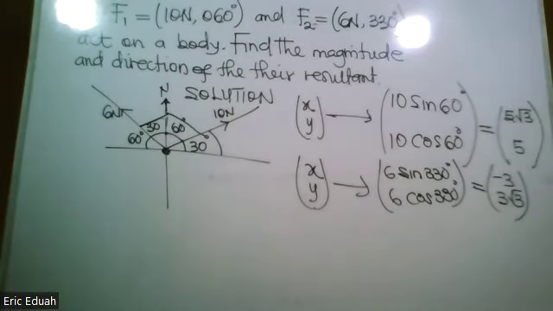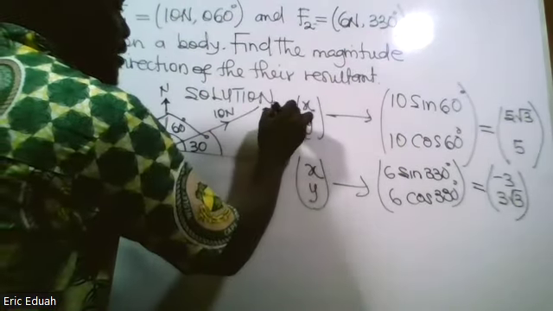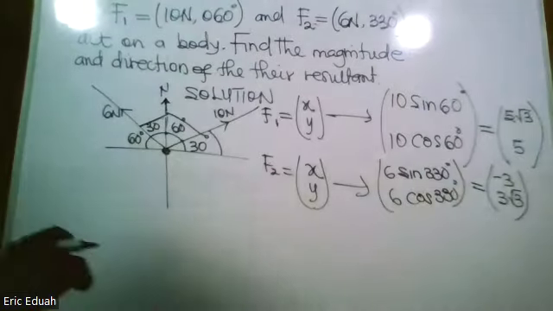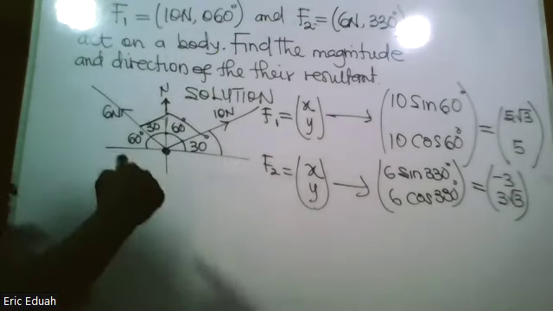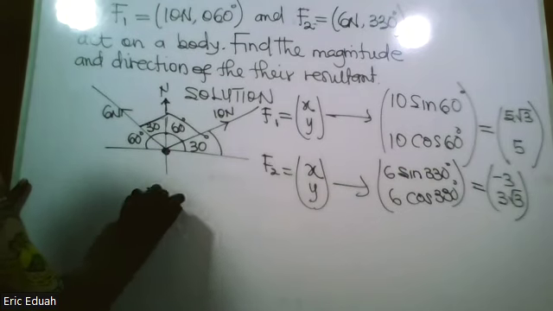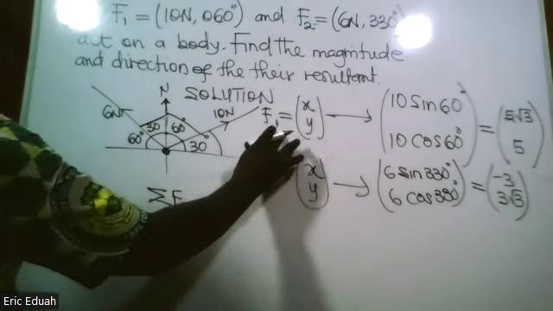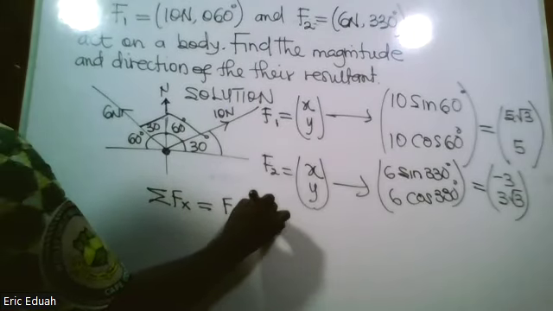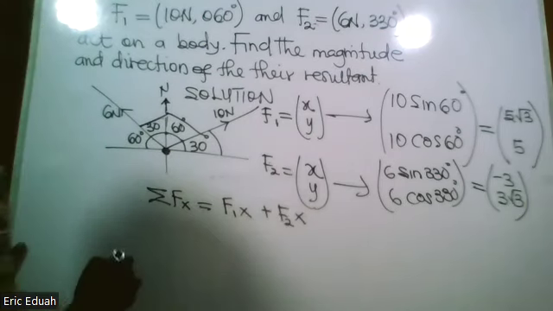Now, you see, we have resolved both F1 and F2 into components. Then the other way to determine the resultant is to find the summation of all Fx. F1 has an x component, F1x, plus F2 has an x component, F2x.